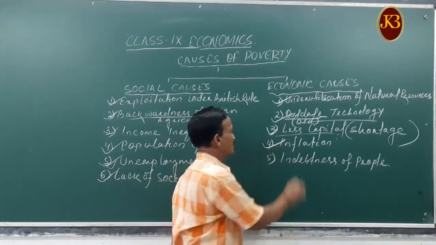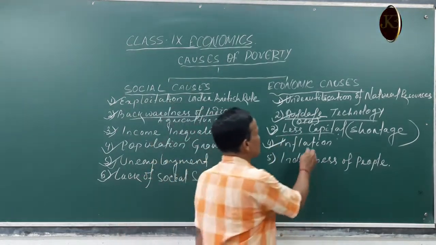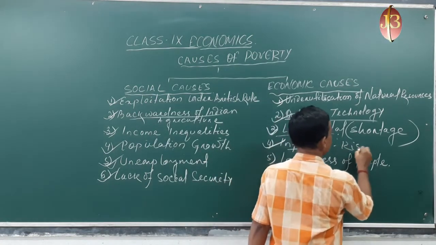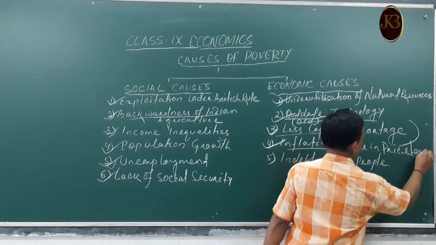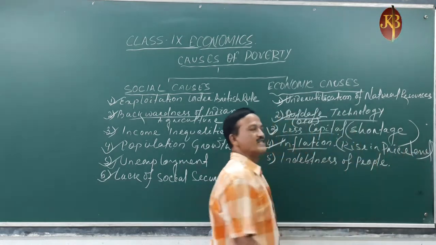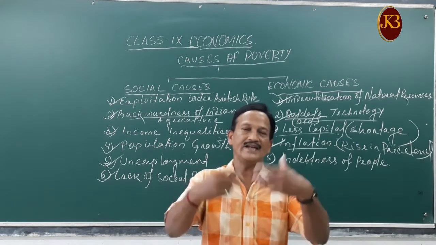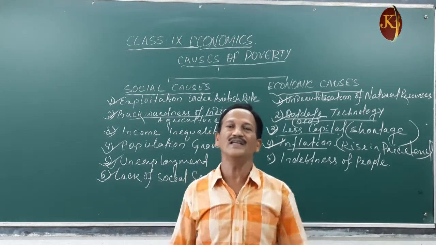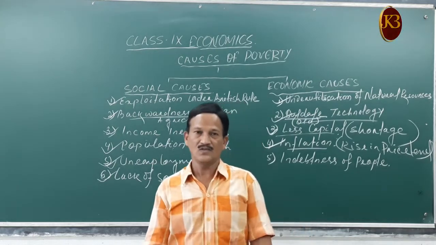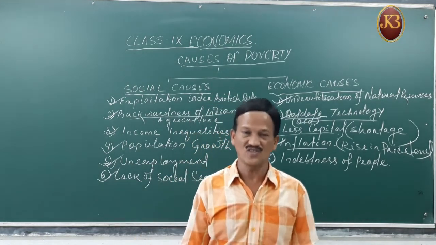Then the fourth factor is inflation. Inflation means there is a rise in the price level of commodities. When the price levels of commodities increase, people are unable to buy the minimum requirements. So malnutrition arises, kuposhan.